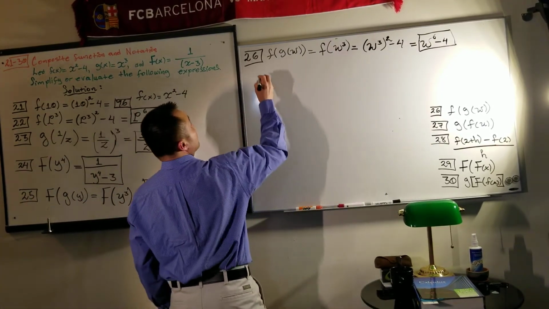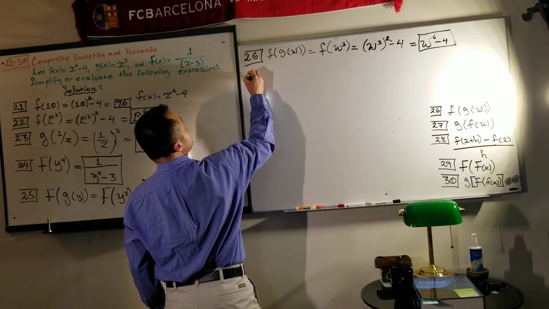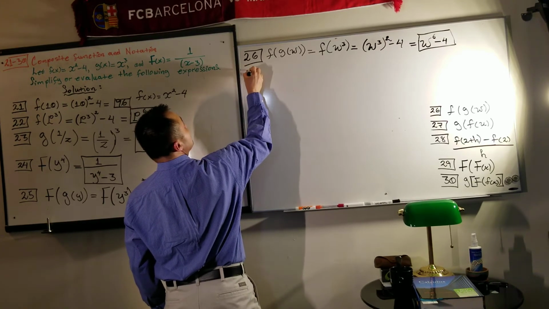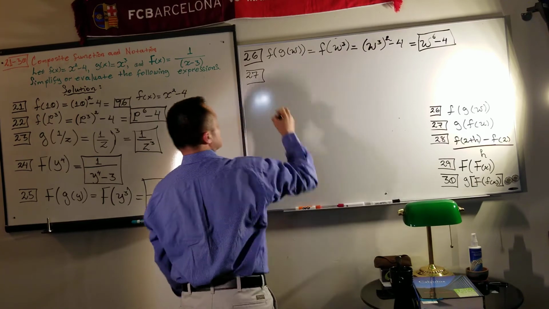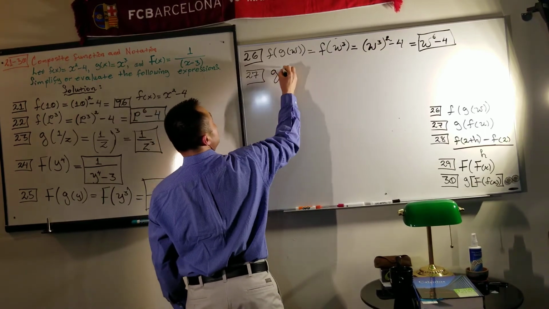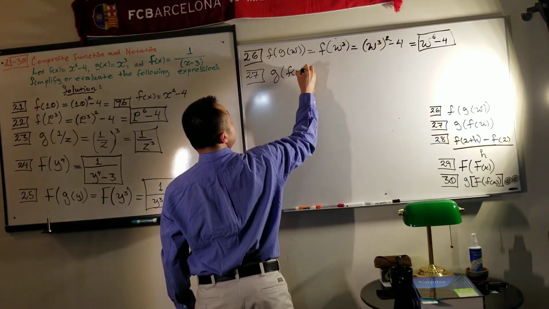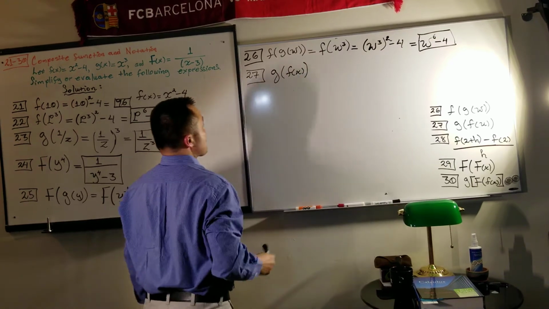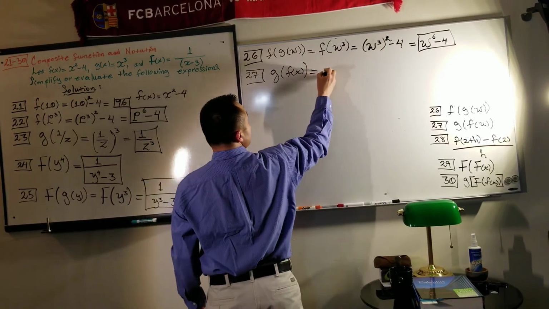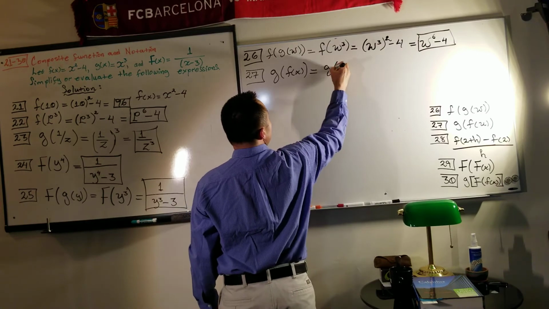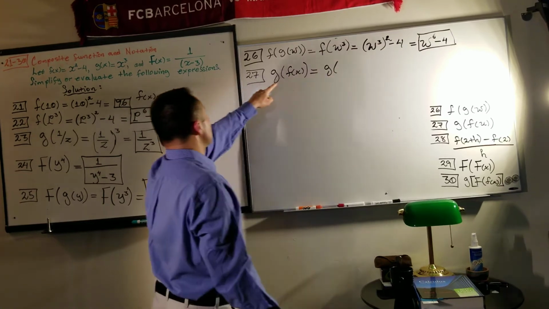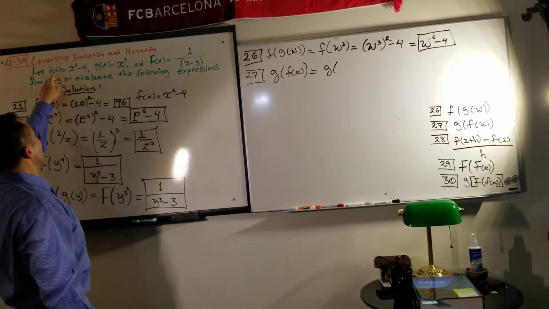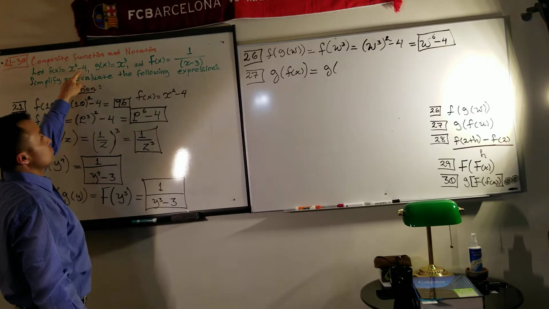Let's find out problem 27. 27 says g of f of x. So this is going to be equal to g of f of x. Who's f of x? F of x is equal to x squared minus 4.